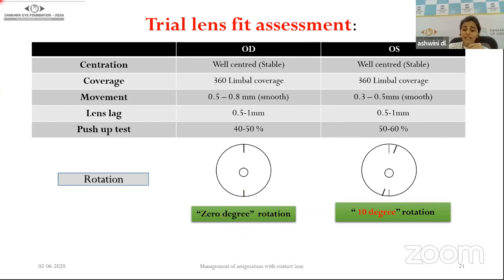But in the left eye, the scribe marks were supposed to be in the center. When we aligned the slit in the center of the pupil, we saw that the scribe marks had moved a little towards the examiner's left-hand side, in a clockwise direction.